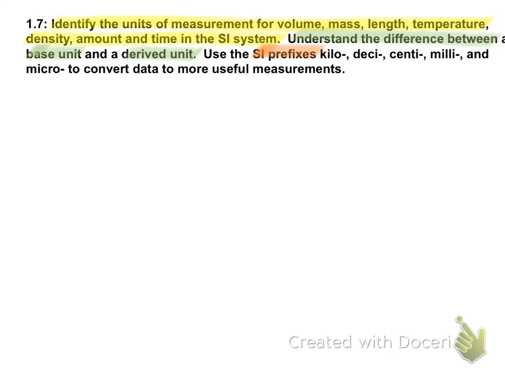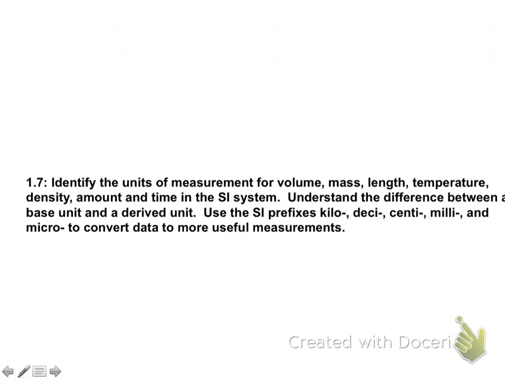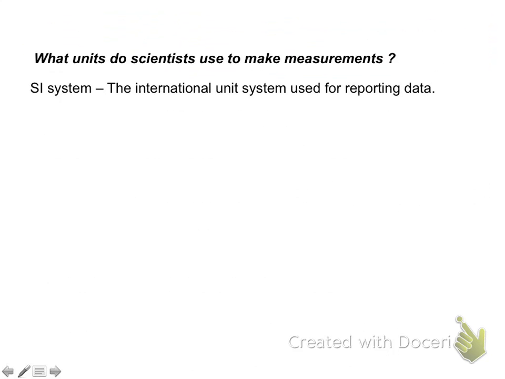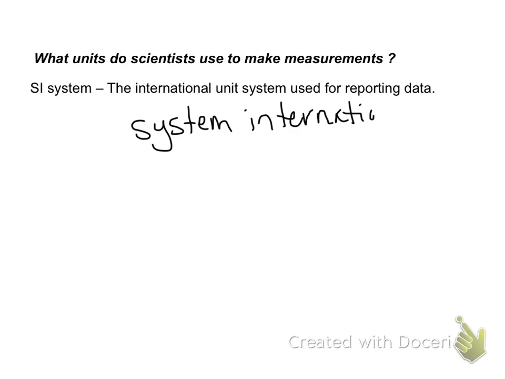So let's get started. First things first, this SI system that I'm talking about is the International Unit System for reporting data. Actually, the SI system is SI because it stands for System International, which is French.